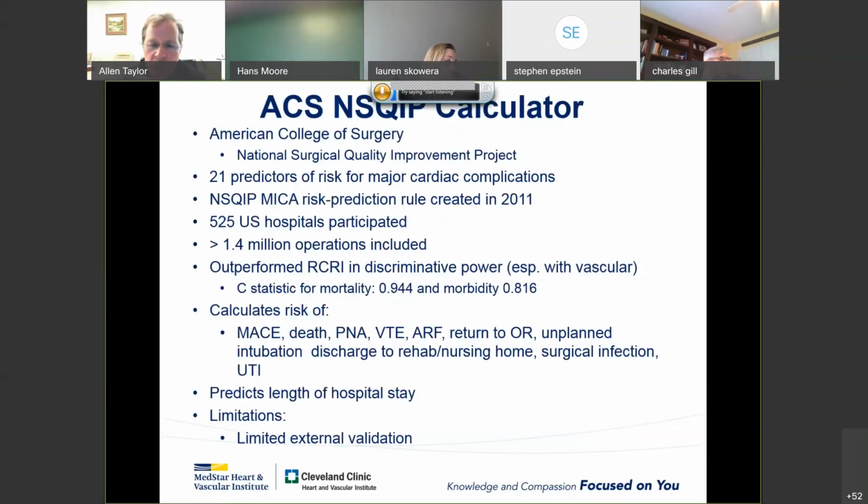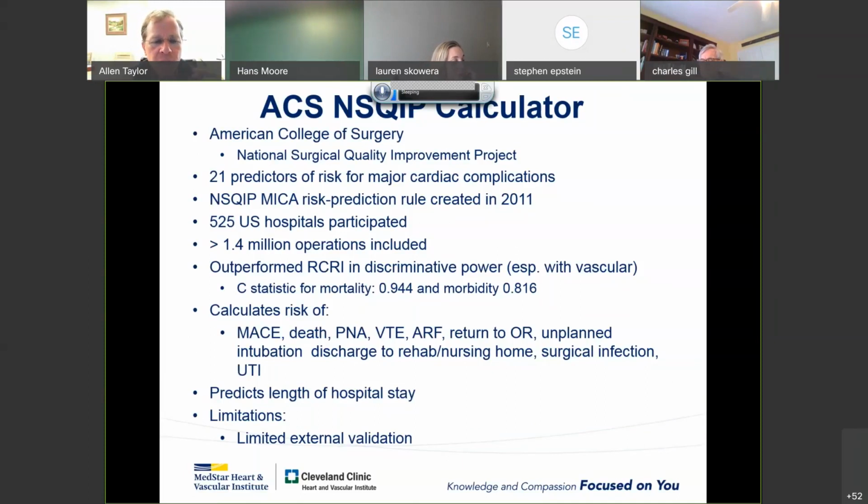So there are newer risk models out there, and there was one some refer to as the Gupta index or the MICA index, the MI and cardiac arrest index. And it has now morphed into what is called the ACS NSQIP. This was developed by the American College of Surgeons and comes out of the National Surgical Quality Improvement Program.